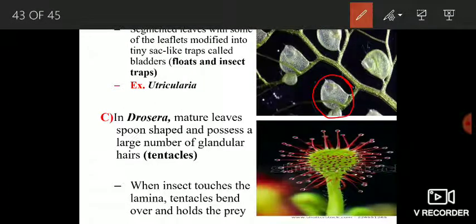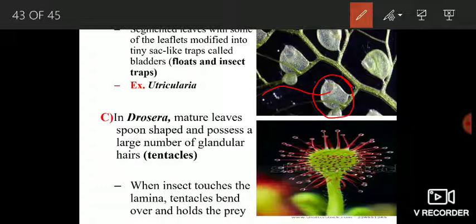These bladders have two functions. First of all, they act as floats, they give buoyancy to these plants, and second one is they help the plant to trap insects and get the nitrogenous requirements fulfilled.